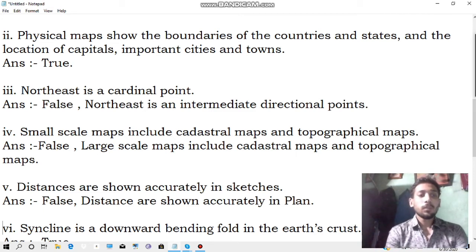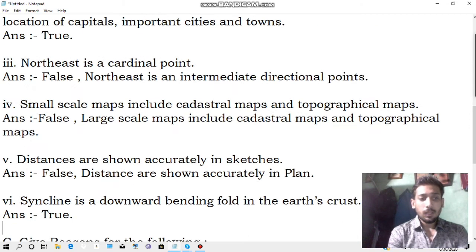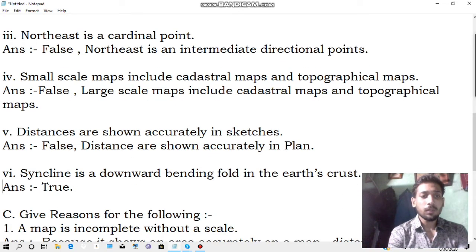In our number four, small scale maps include cadastral maps and topographical maps. The answer is clearly false. Large scale maps include cadastral map and topographical maps, not the small scale map. Thereafter we will go for number five. Distances are shown accurately in sketch.